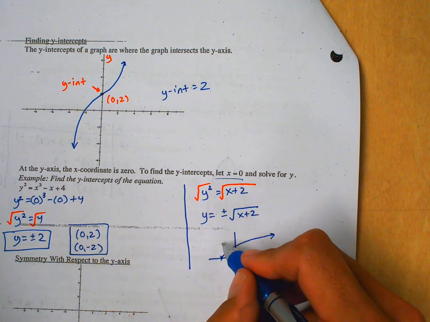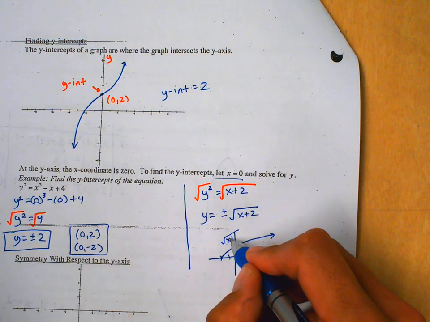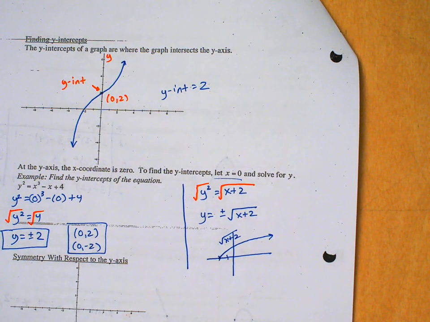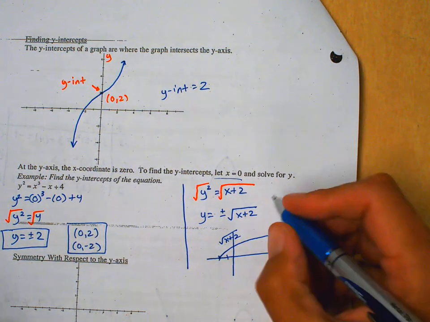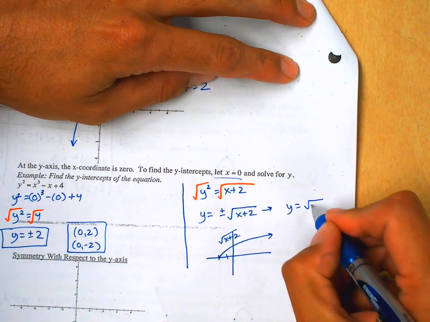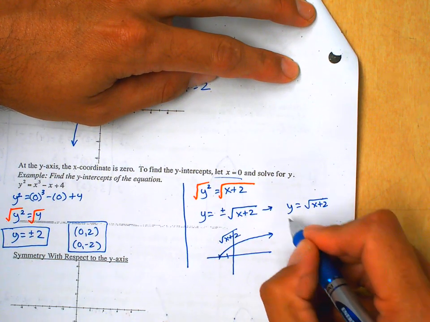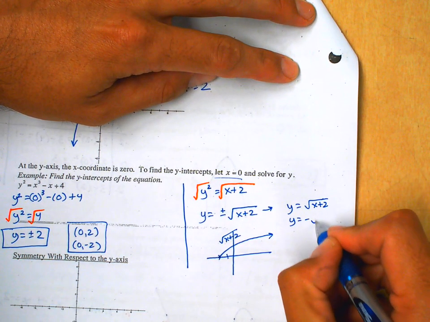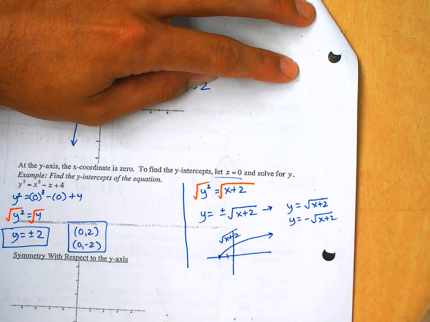Well, that is square root of x plus 2. But this is y equals square root of x plus 2, and y equals negative square root of x plus 2.